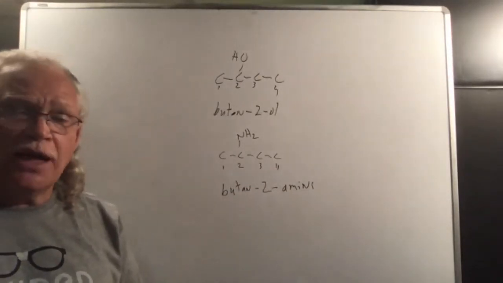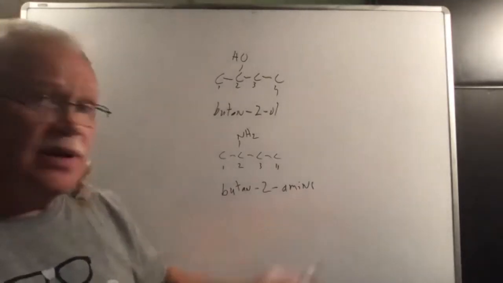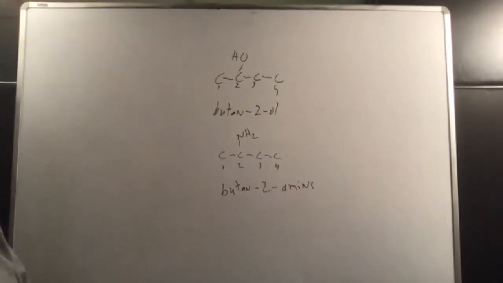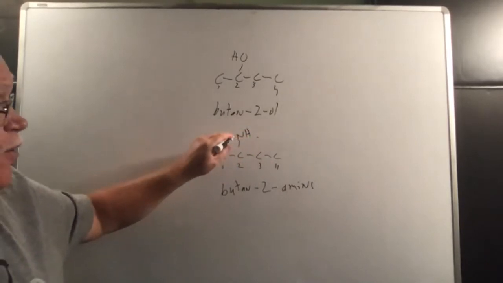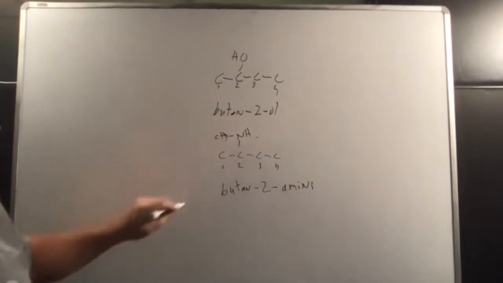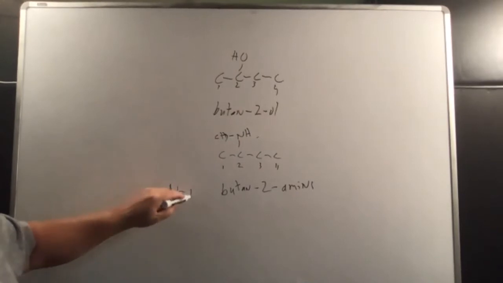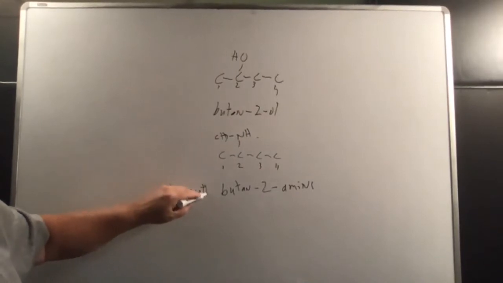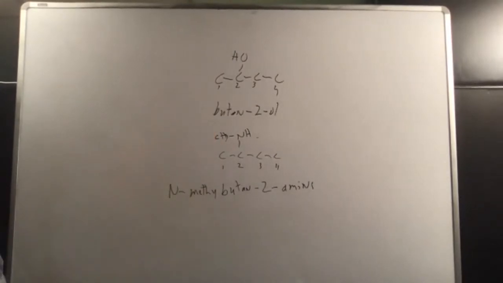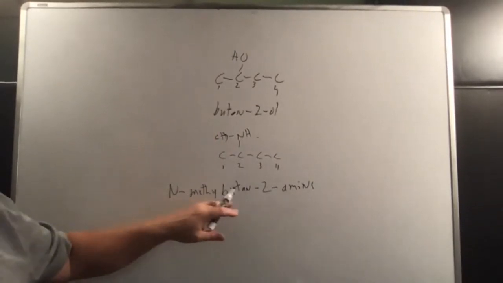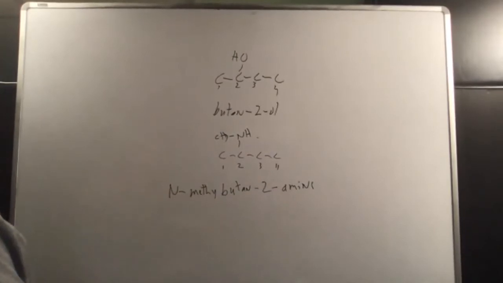So when you learn to name alcohols, naming amines is named the same way. And if there happened to be a methyl group on here, we would go back here and we would say N-methyl to show that the methyl is attached to the N position, N-methyl butane 2-amine.